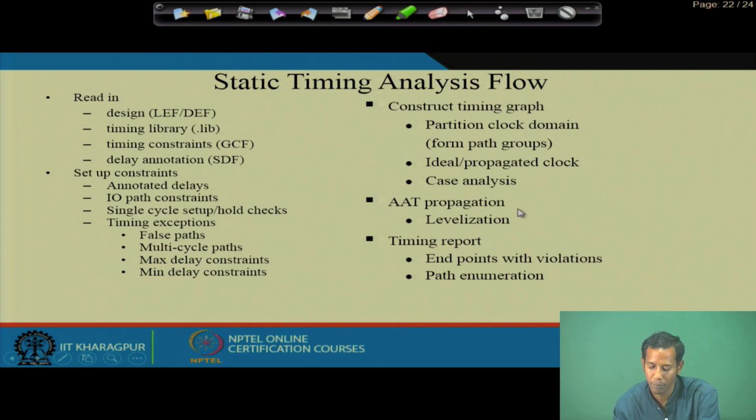In the AAT propagation, which means actual arrival time propagation, we have to do levelization, and in the timing report we will see all the endpoints with violations if there are any, with all the path enumeration, that means all the information about each of the paths already there in your circuit design.